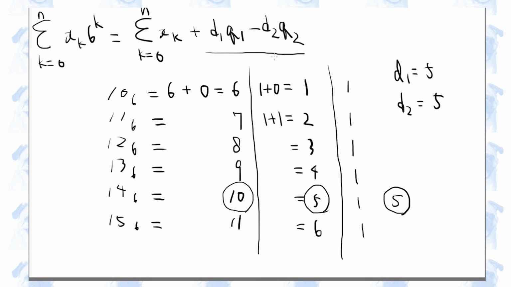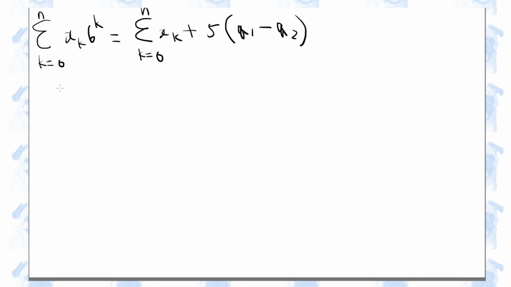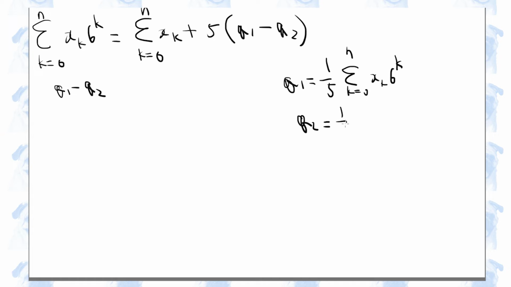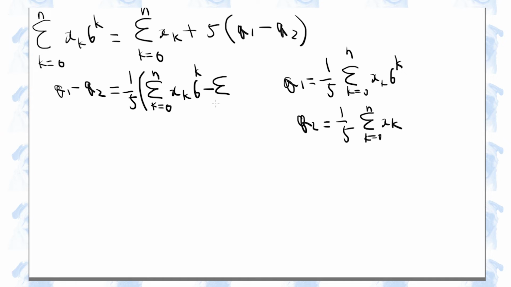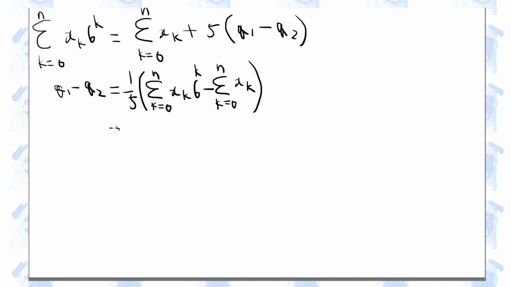So this part can be rewritten as 5Q1 minus Q2. Next, let's think about Q1 minus Q2. Because Q1 is 1/5 of the base 6 number and Q2 is 1/5 of the sum of all its digits, Q1 minus Q2 is 1/5 times the base 6 number minus the sum of all its digits.